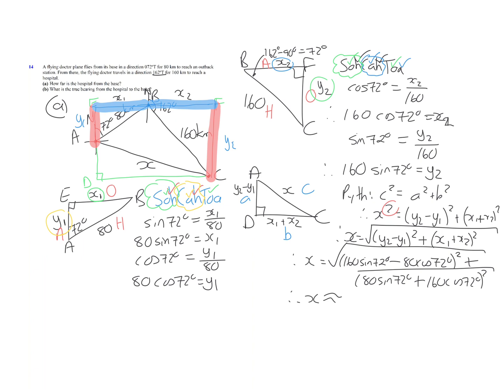You type it into your calculator in one go. That works out to be, to 2 decimal places, 178.89. Thus, the hospital is 178.89 kilometers from the base.